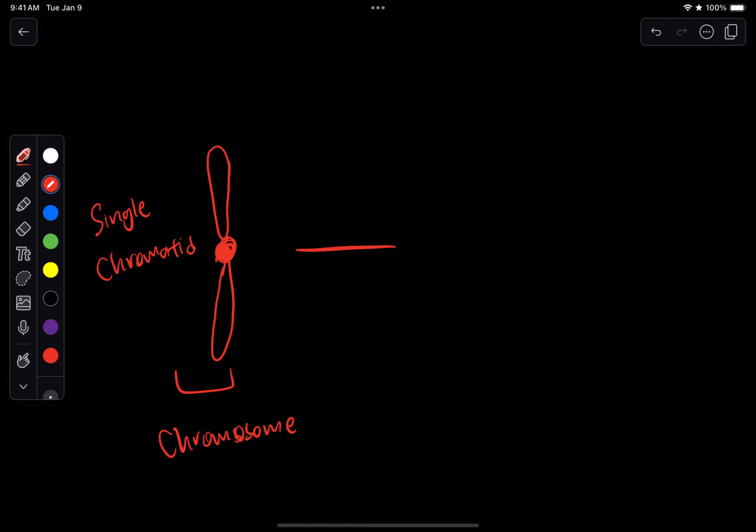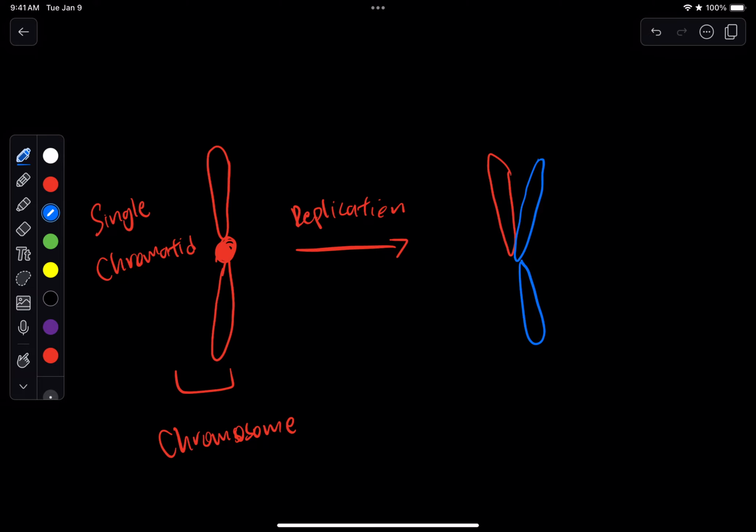When it replicates, you're going to learn more about it in a future unit, I think unit 6, where you learn about DNA replication. When it replicates, it becomes two. I'm going to use a different color, but the red and the blue are the same.